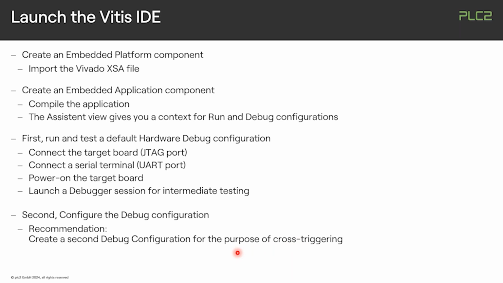Therefore, it's recommended that we create a second configuration where at least an application debug session can be blocked from events which are enabled here, which is handled differently from a default configuration. And therefore, I would suggest that we play with different instances of debug configurations.